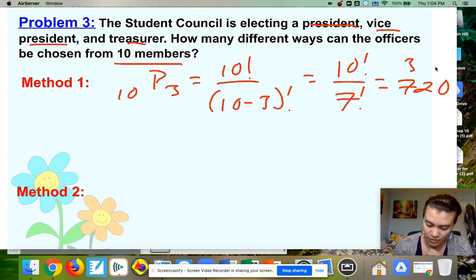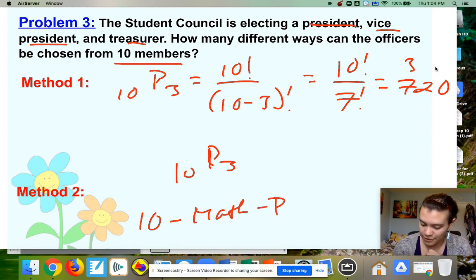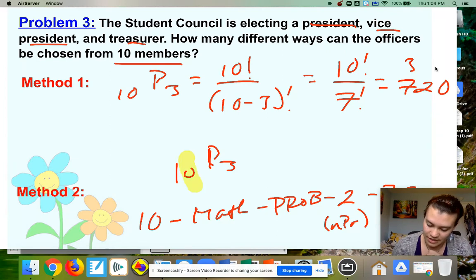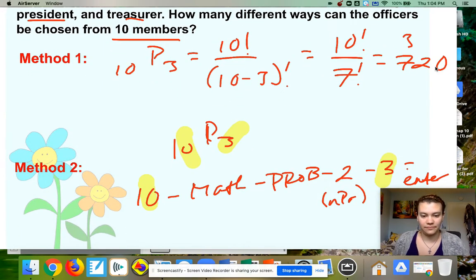So if we wanted to put this into the calculator, you want to type 10, do math, go back over to your probability, then enter 2, which is going to be the nPr button, then hit your 3, and then enter. So here, this 10 is first, this 3 is at the end, and I'll put it into the calculator so you can see how to do that.